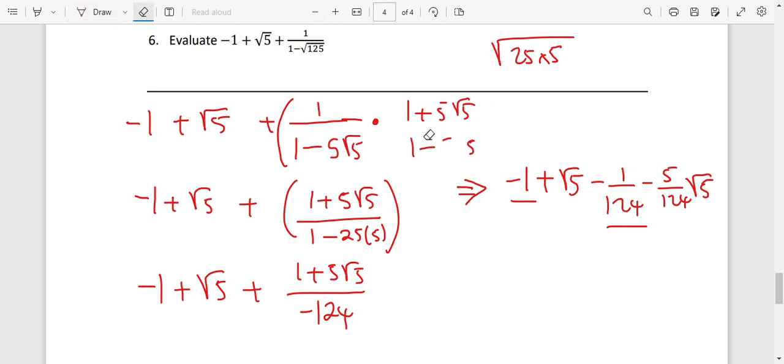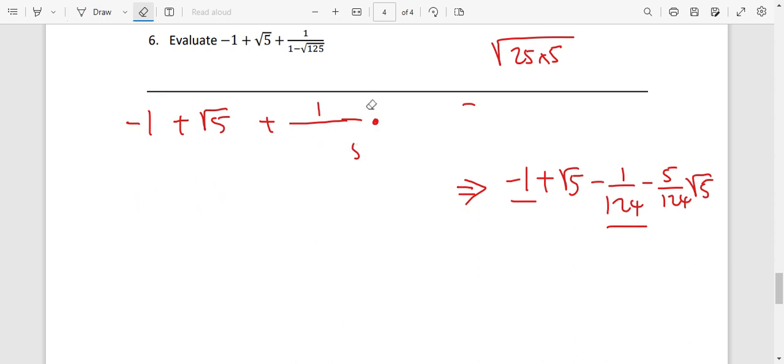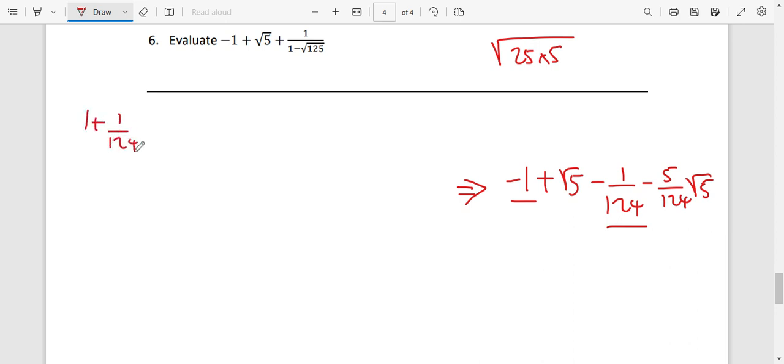You don't need the calculator to add that. When you have numbers that both have a negative sign and you are working out an operation, it is as good as adding, and then at the end you attach a negative to that number. So negative 1 minus 1 over 124 is the same as 1 plus 1 over 124.